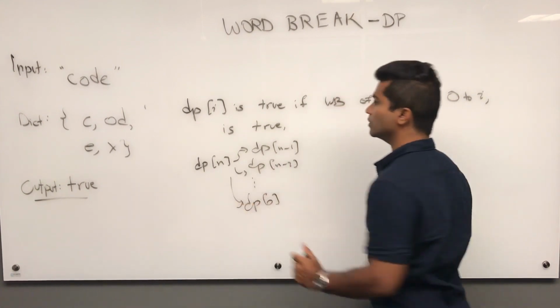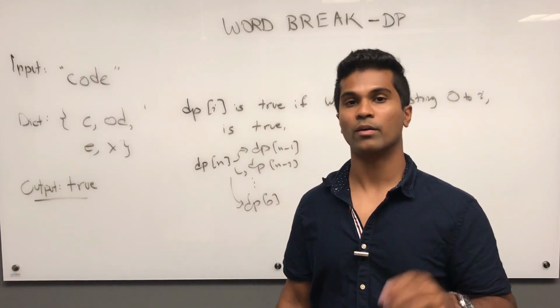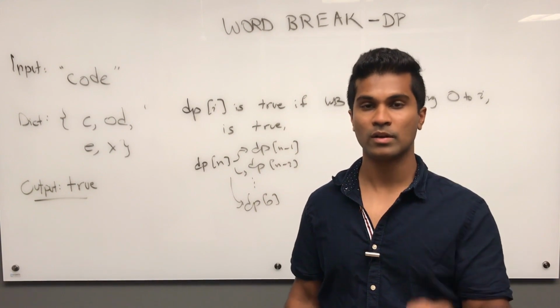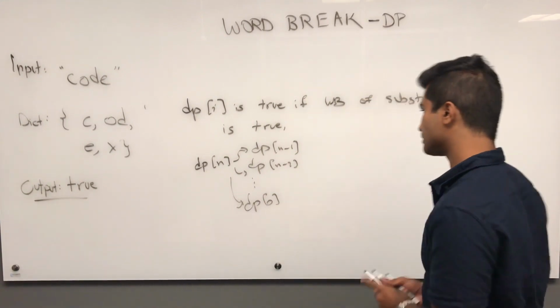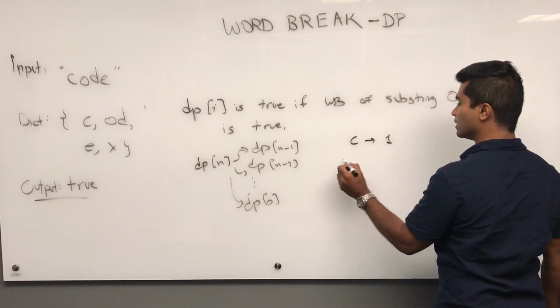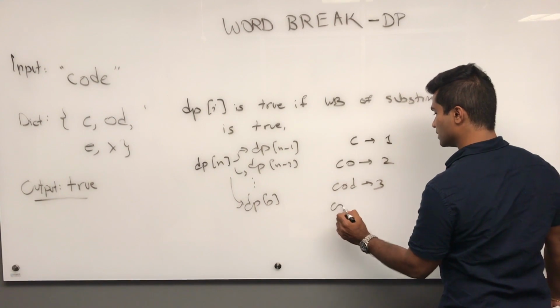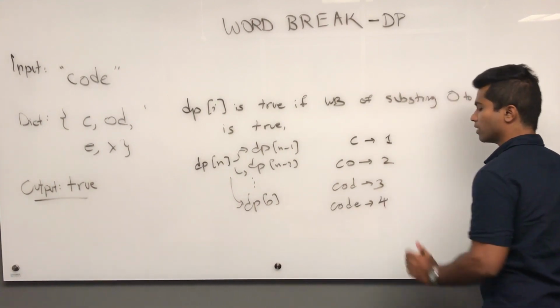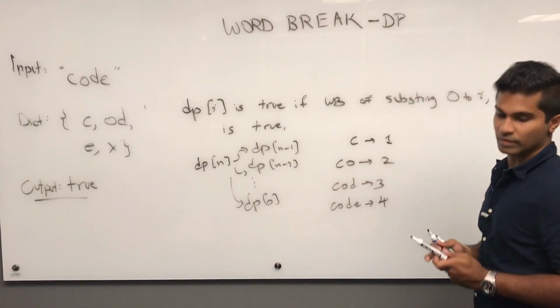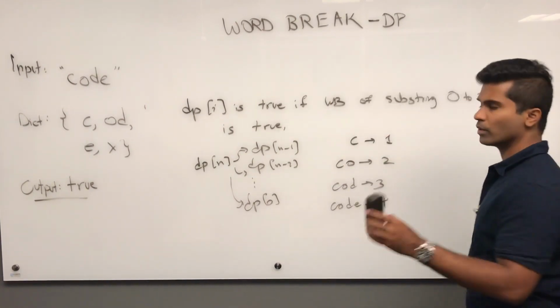So how do we do this? Well, if we want to know the answer for a length of 4, we start with a length of 0, a length of 1, length of 2. So C is going to be length 1, CO is going to be length 2, COD is going to be length 3, CODE is going to be length 4. So to get this, we use the previous ones. I'll actually update the DP array when I'm writing the code now.